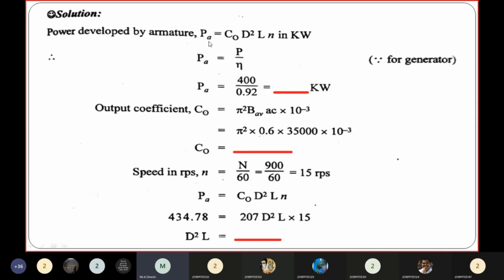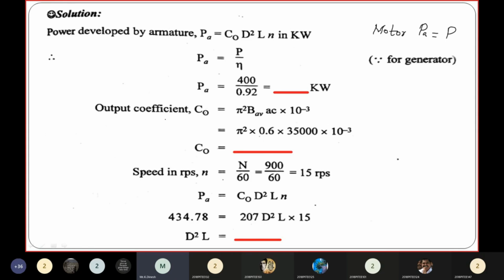So we know that PA equal to C naught D square L N in kilowatts. As usual, in case of generator, PA equal to P by eta. In case of motor, PA equal to P. So 400 is given divided by 92%, that is 0.92.